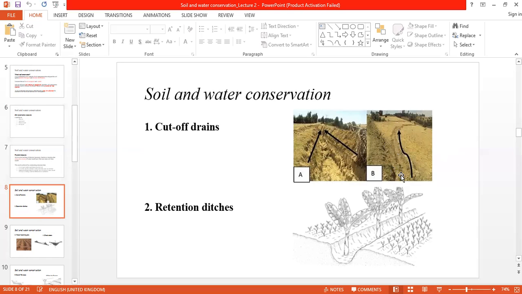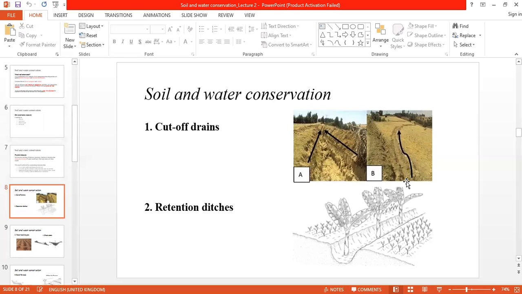But with these ones again, you have to make sure that you have a slope maybe in this direction, so that as the water is coming, you're also removing it away from the field.